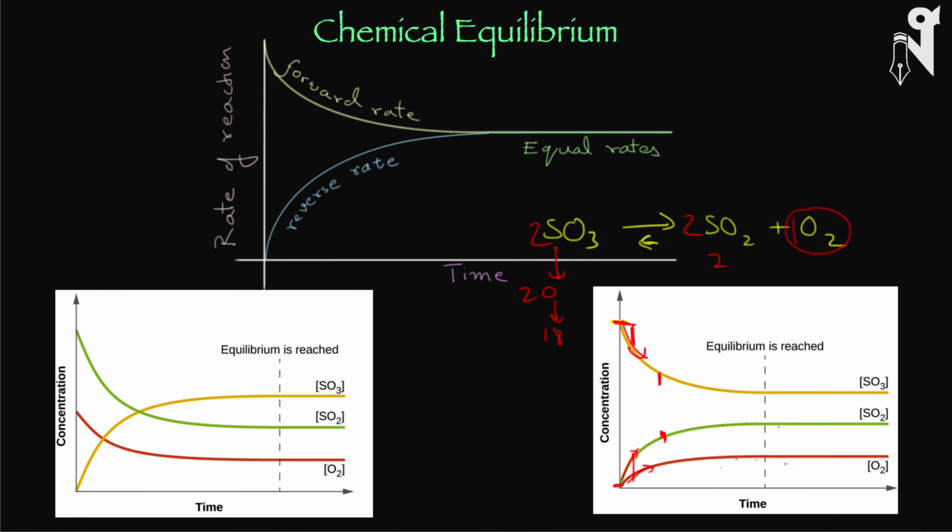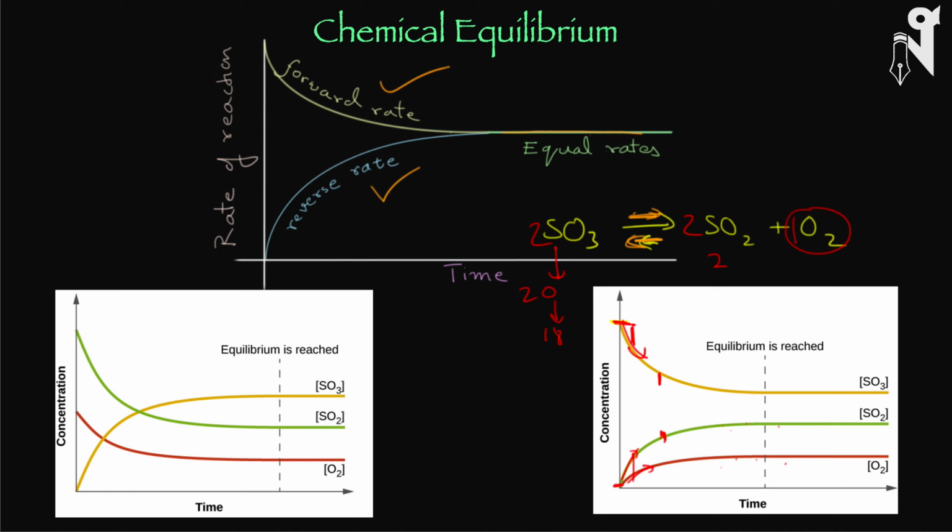So anyways, as the reaction proceeds, your forward reaction rate, the forward arrow length, would reduce and the backward arrow length will increase, and a time will come when the rate forward and the rate backwards are identical, they are the same.